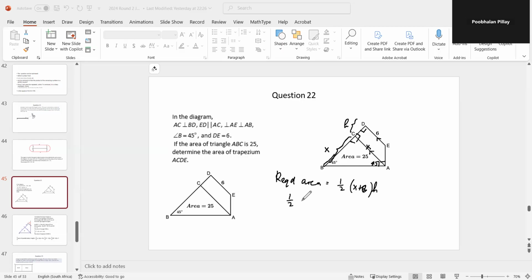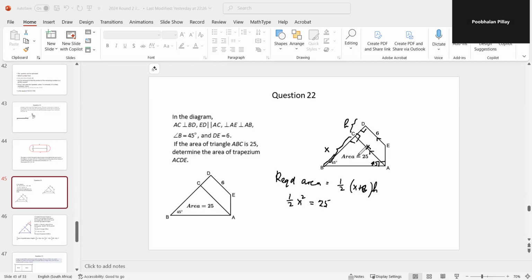So you got half X times X, which is X squared over 2, is equal to the area of the triangle ABC, but it's given that the area of triangle ABC is 25. So you can calculate X. Okay, I'm just going to leave that calculation aside for the moment. I'm trying to calculate H.